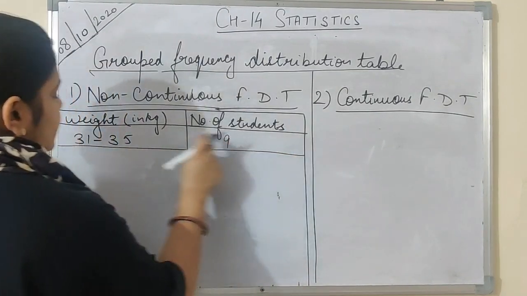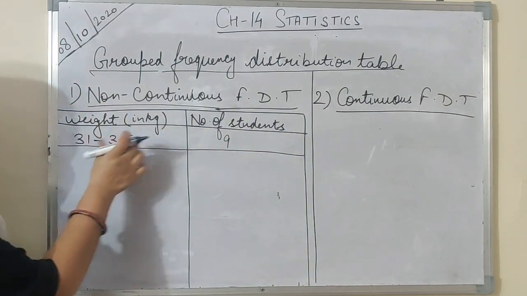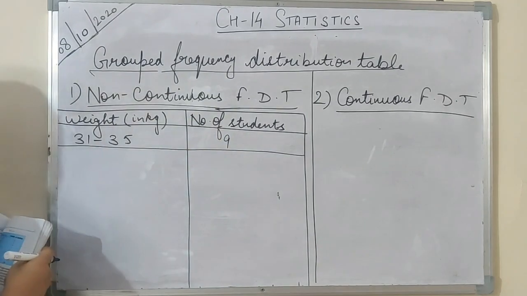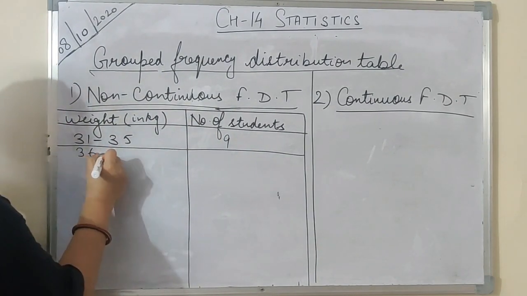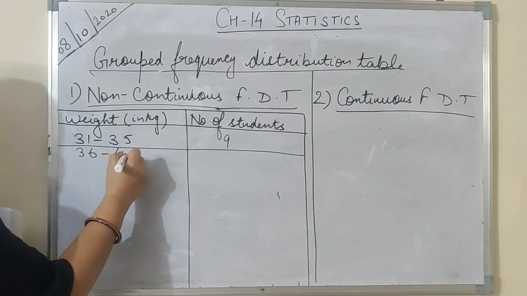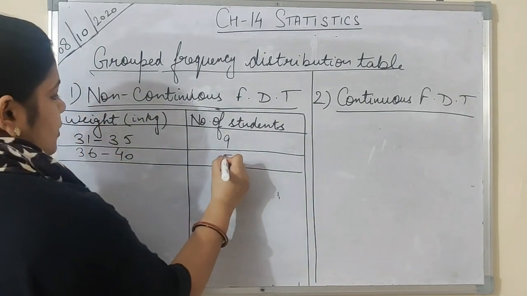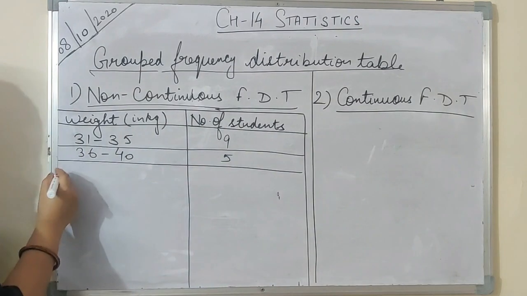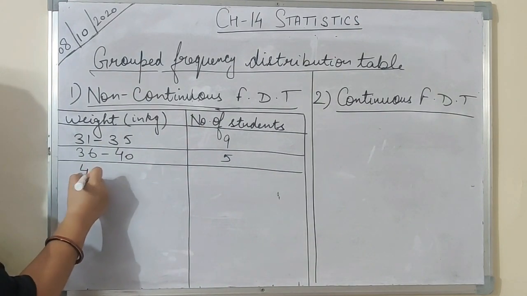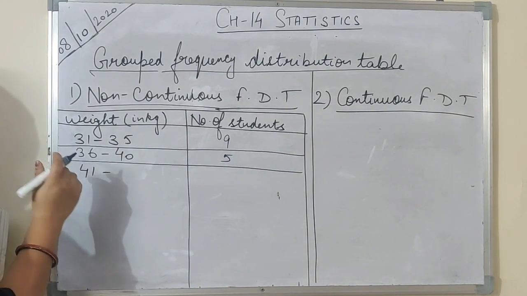Students who lie between 31 to 35 kg weight, they are 9. Then the next group is 36 to 40. So that is 5. 5 students are there in the group of 36 to 40.